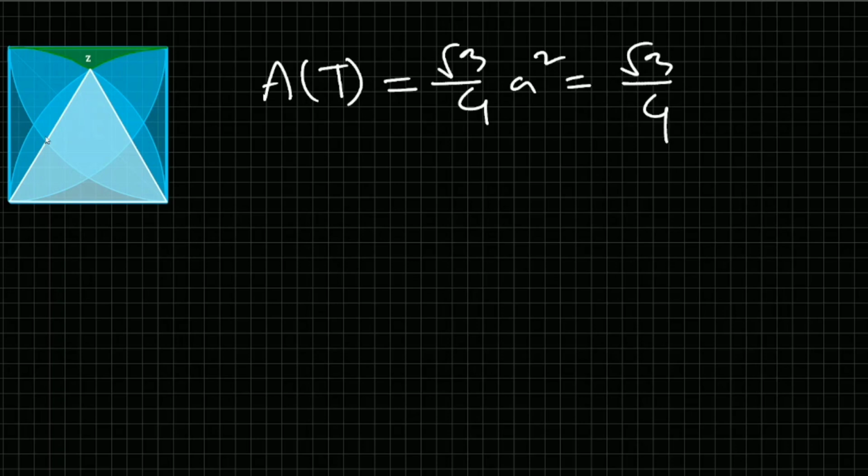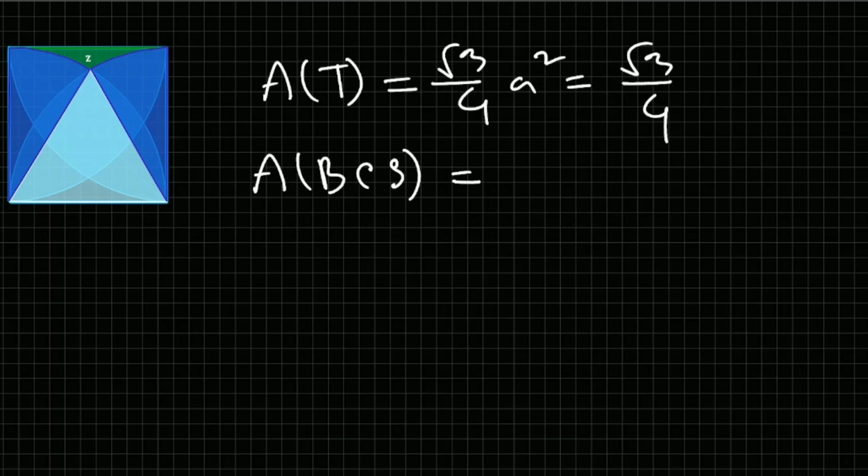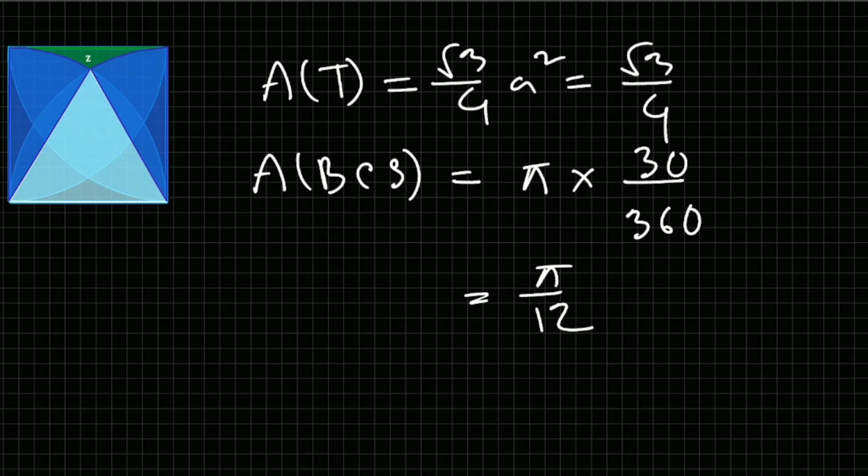On the other hand, the area of each of these blue circular segments is 1/12 of the area of the whole circle. Why? Well, the angle they make at the center of the circle is 30 degrees, which is 1/12 of 360 degrees. As the area of the whole circle is pi, the area of each of these blue segments is pi over 12.